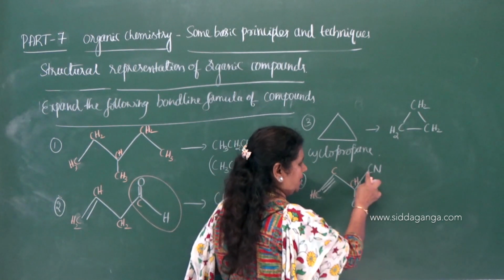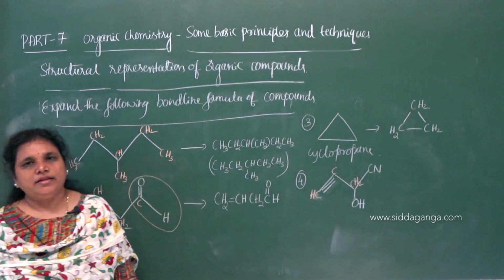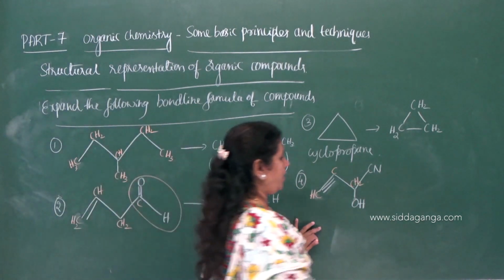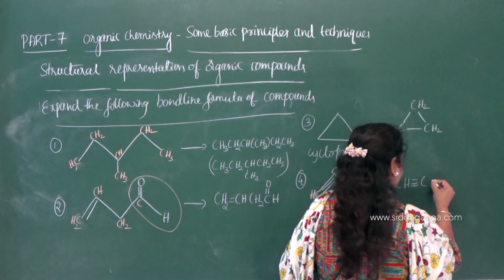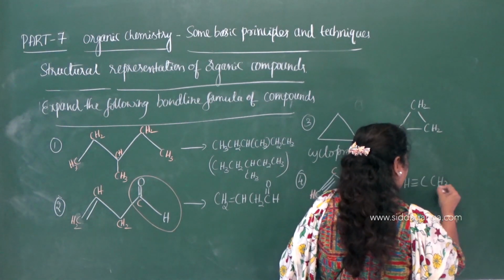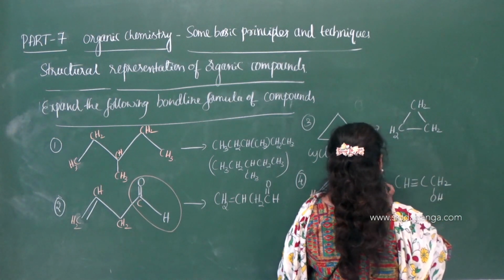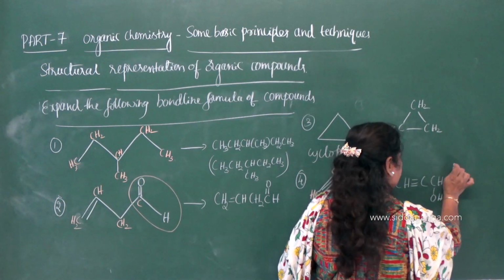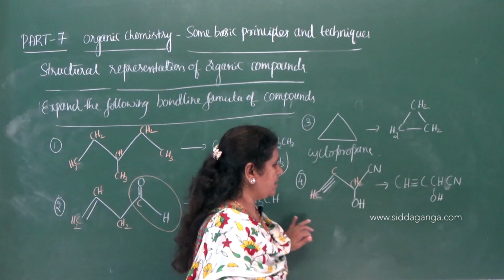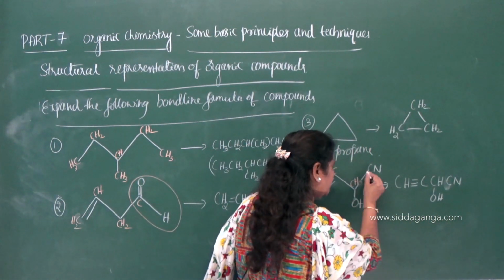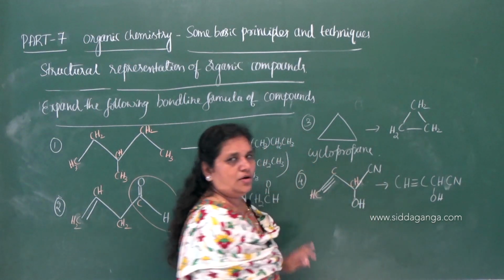An OH group is attached, and in CN, between carbon and nitrogen there is a triple bond. Now you can write the formula. CH triple bond C, CH2OH, CHOH and CN. Here it is only one hydrogen because it is forming three bonds, left with one bond.